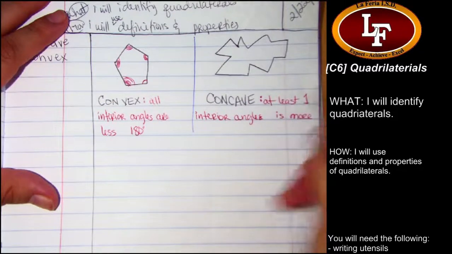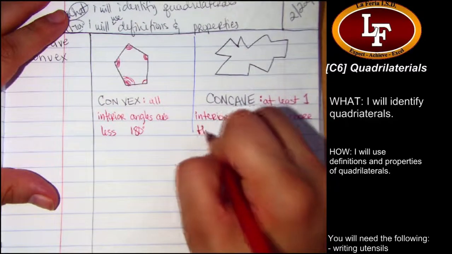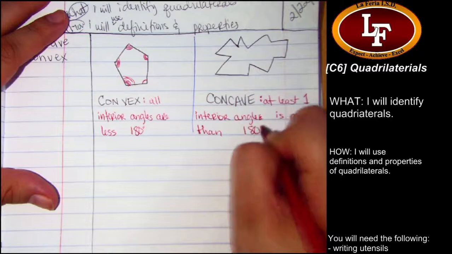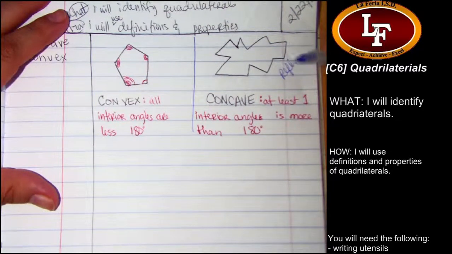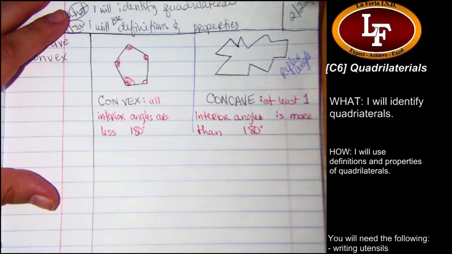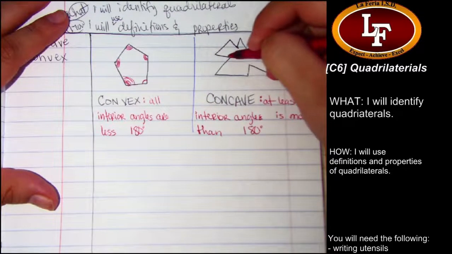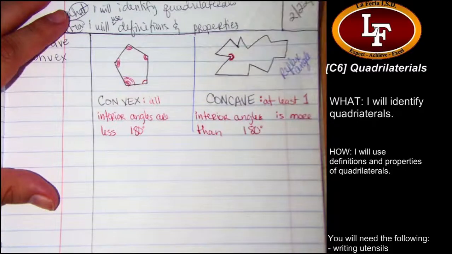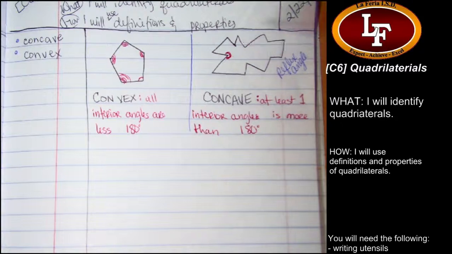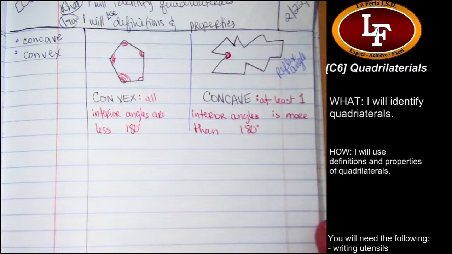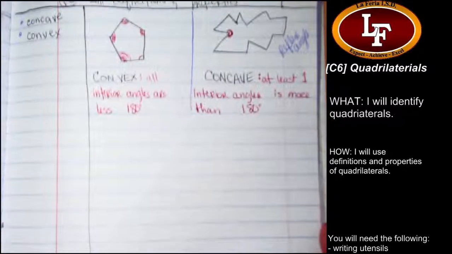So at least one interior angle is more than 180 degrees. It's what's called a reflex angle. We had mentioned this briefly back when we were talking angle classification. We're talking about one of these angles right here. Kind of looks like Pac-Man. Okay? So if it has at least one of those, it's concave. Doesn't have to have more than one. One is enough.